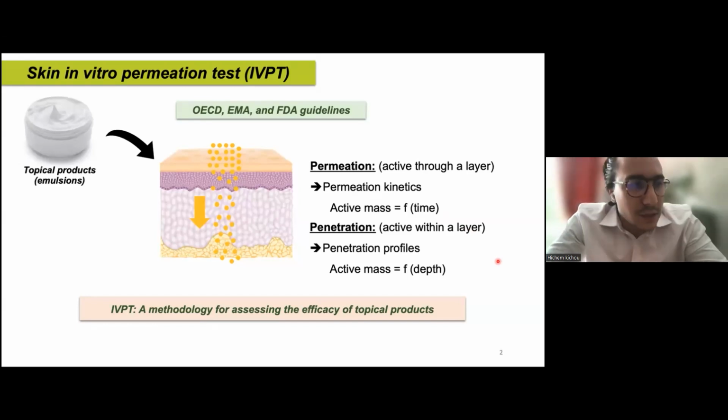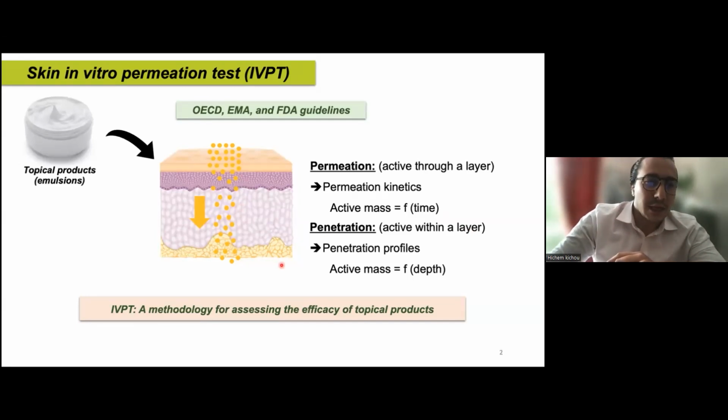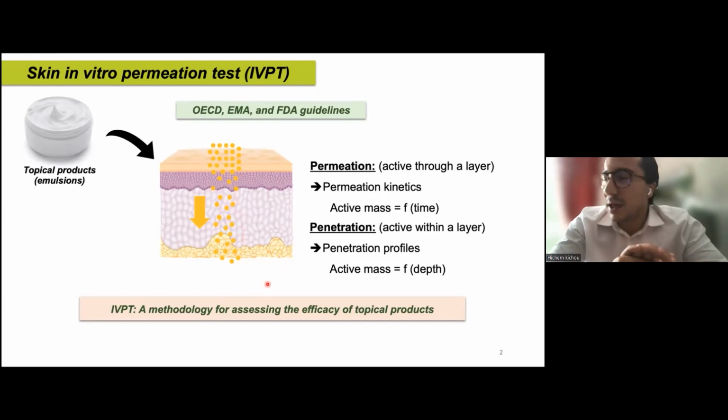This experiment aims to assess the permeation, to quantify the amount of active ingredient that passes through the skin, and also to determine the penetration profile of these active ingredients within the skin using reference techniques like the tape stripping method, but also some novel techniques, not really novel, like Raman spectroscopy or confocal Raman spectroscopy. So these experiments are performed using bioanalytical methods to demonstrate the efficacy of topical products.